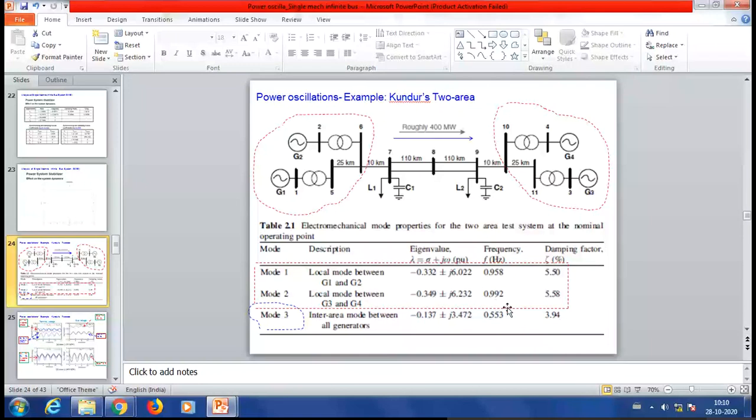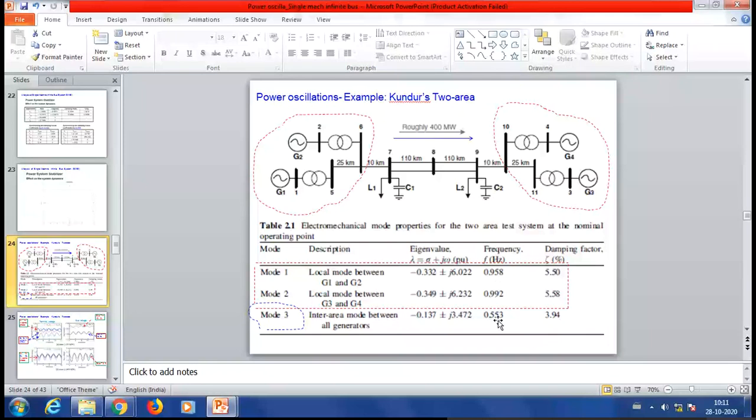So you can see that it is somewhat low. And then you can also see the typical value of eigenvalues which correspond to the inter-area mode, and those which are for local modes. You can see that they are associated with a higher imaginary term, and thus the oscillating frequency is somewhat higher with respect to the inter-area mode.